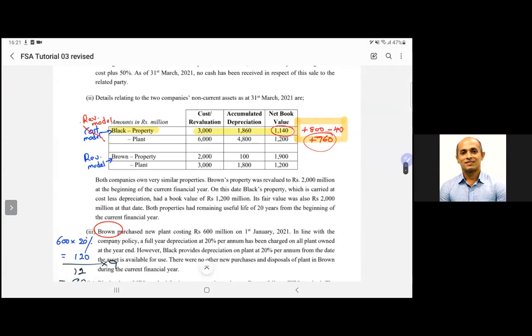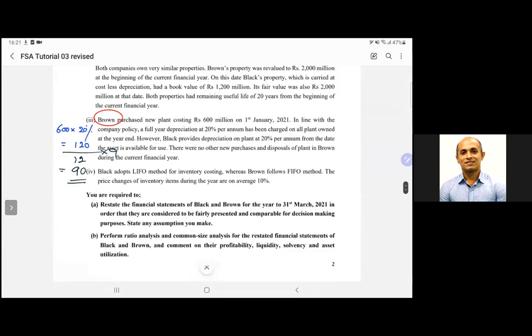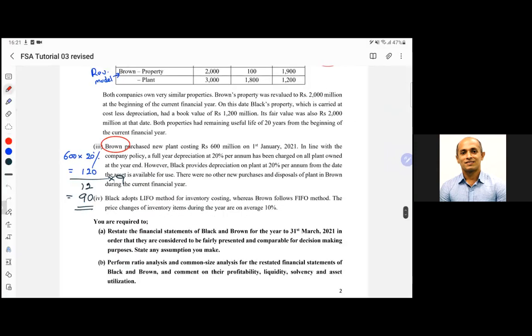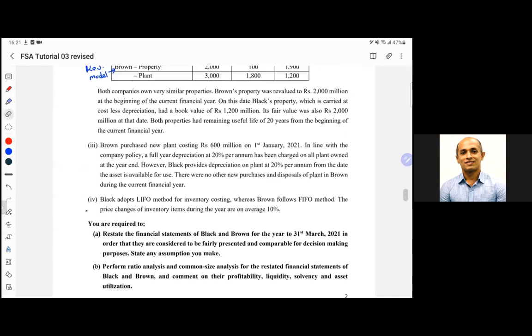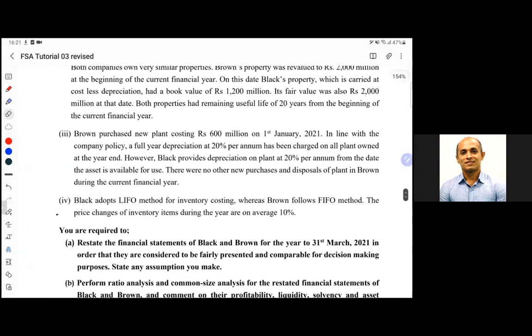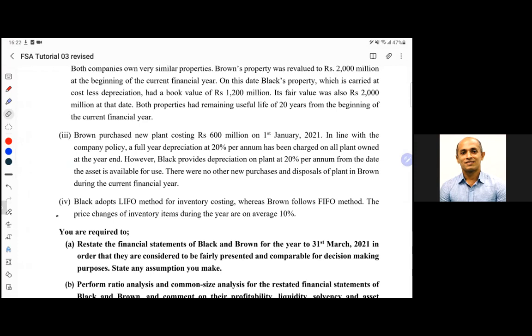Now you see, in the same additional information, we have adjusted depreciation. With the depreciation policies, the depreciation rates are the same. Now you are going to compare two companies.